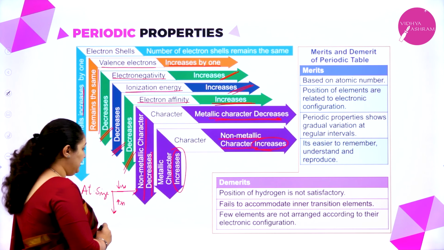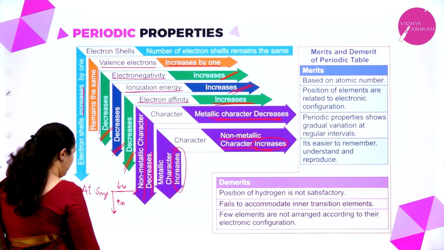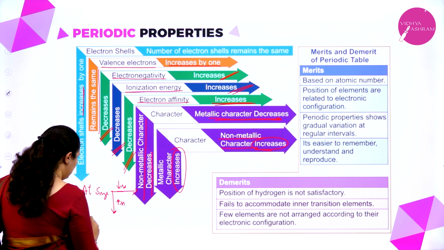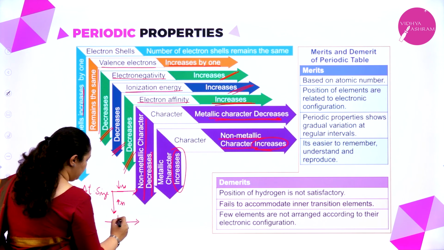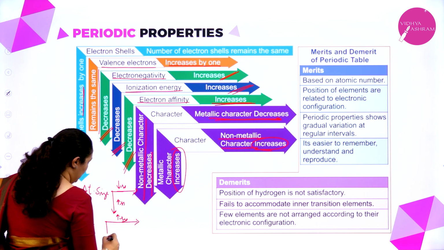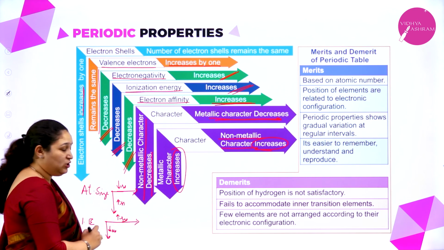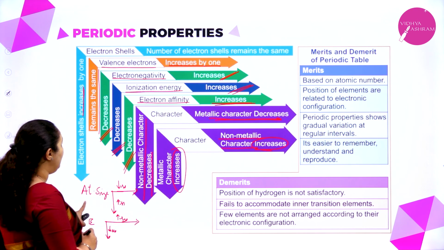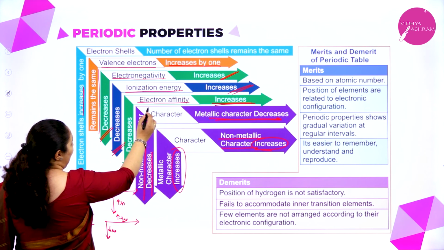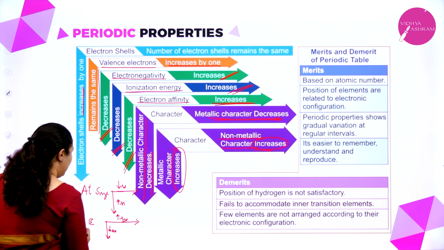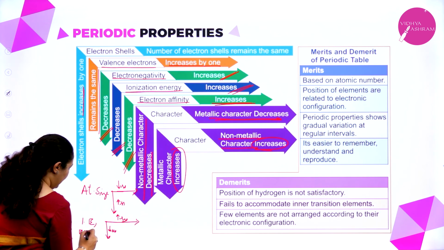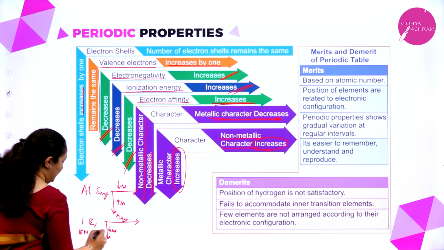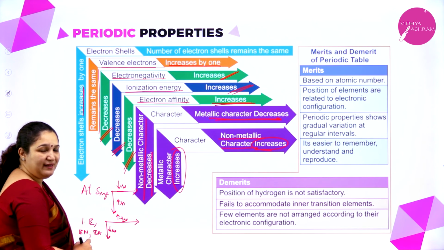Similarly, you can write for all of these. Next, ionization enthalpy: along the period it is increasing, down the group it is decreasing. Not only ionization enthalpy, electronegativity and electron affinity also increase along the period. So I can write this one for ionization enthalpy, electronegativity and electron affinity as well. So you can remember it like this also.